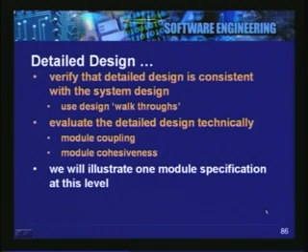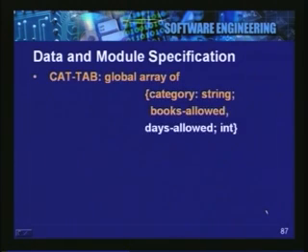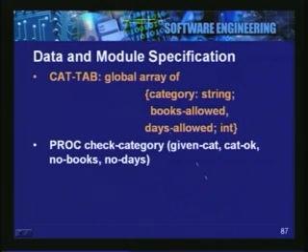So, we will just illustrate here one specification of a module. This module indicates the important data structure which will store the category of the user, and for the given category we will identify how many books are permitted to him and what is the duration for the issue.